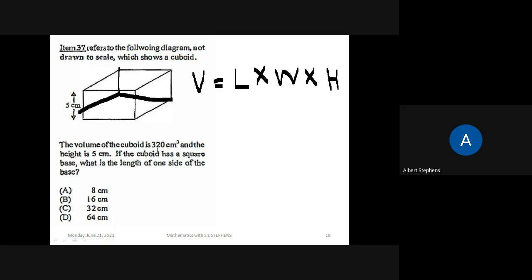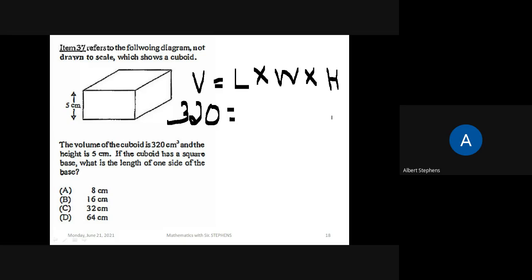So, we know that the volume of a cuboid is length times width times height, right? And they tell us that the volume is 320. All right?